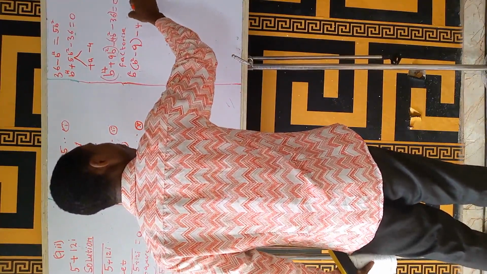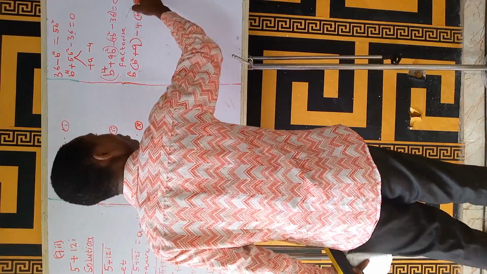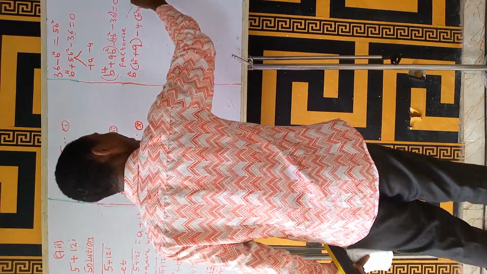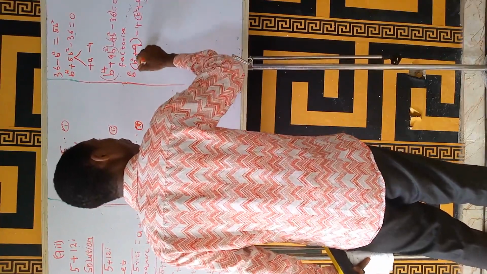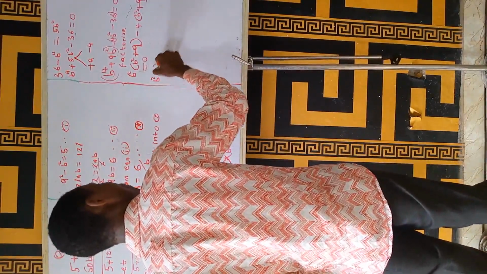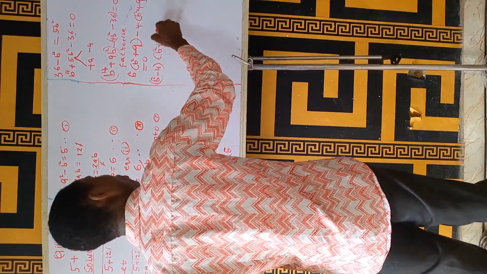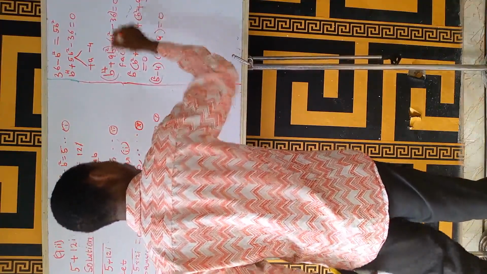You have b squared plus 9, this one is plus, not minus, sorry. So definitely we have b squared minus 4 and b squared plus 9 all equals 0.